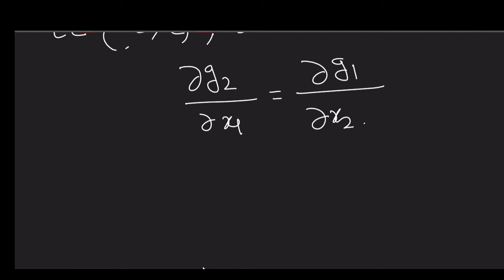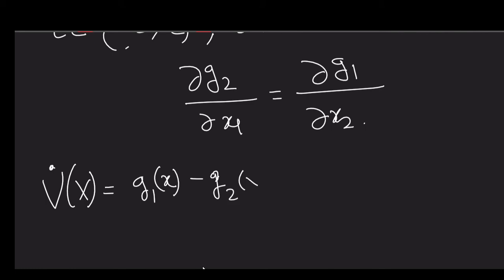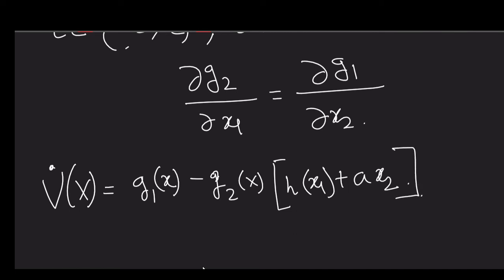So what we can write is V dot x is equal to... Now here, what is our objective?